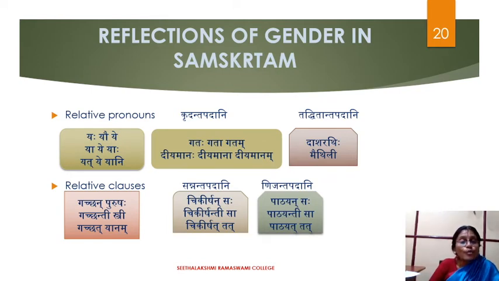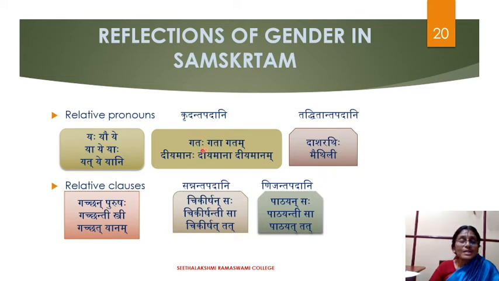Yaha yau ye is for masculine, singular, dual and plural. Yaye yaha for feminine, singular, dual and plural. And yat ye yani for neuter, singular, dual and plural. So relative pronouns are marked for gender. So they serve as gender markers.